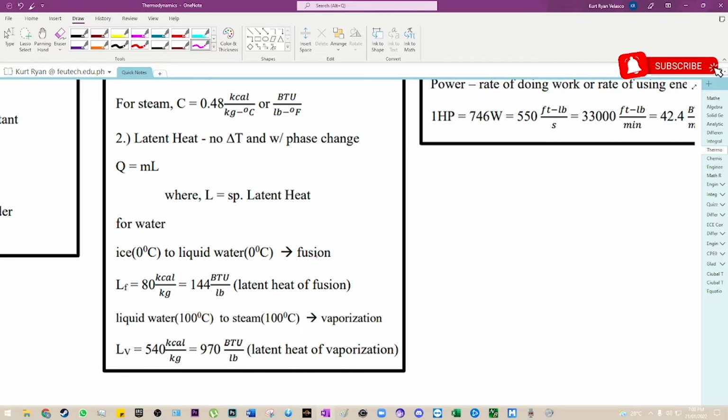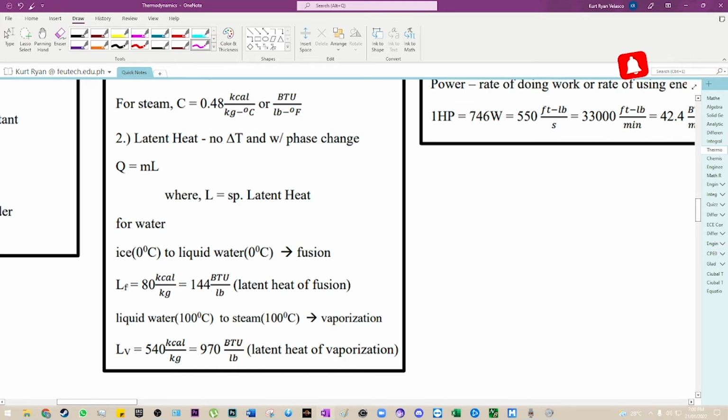The formula for that is really simple. Q, the latent heat, is equal to mass times L, where L is the specific latent heat. For the L, we have values given here. For water, when ice becomes liquid water, that is called fusion. So LF stands for latent heat of fusion.